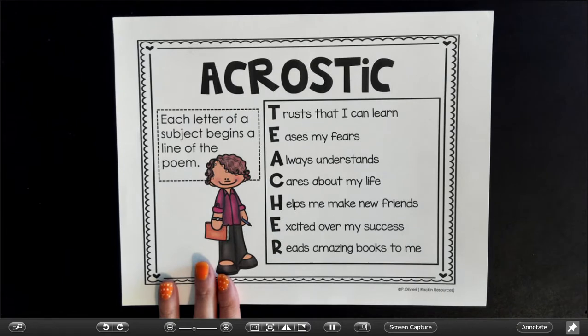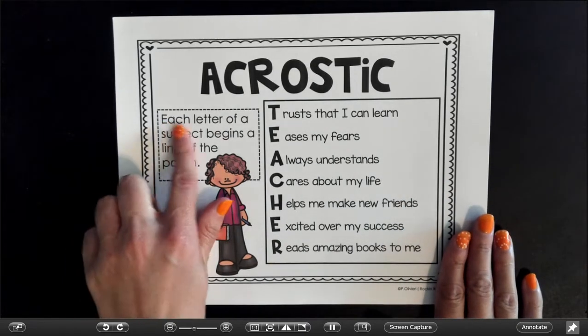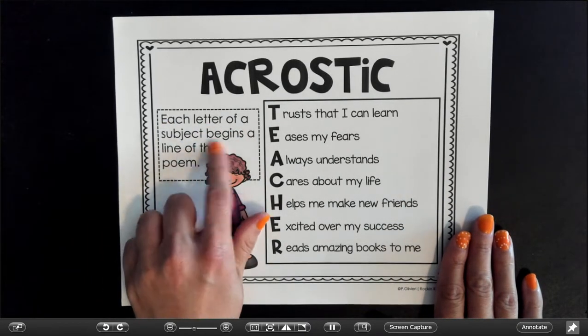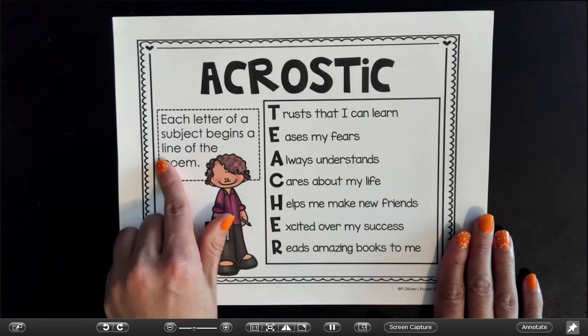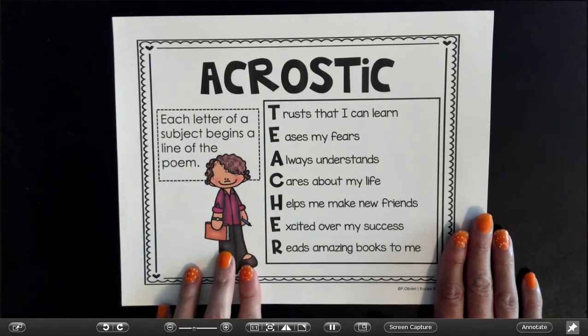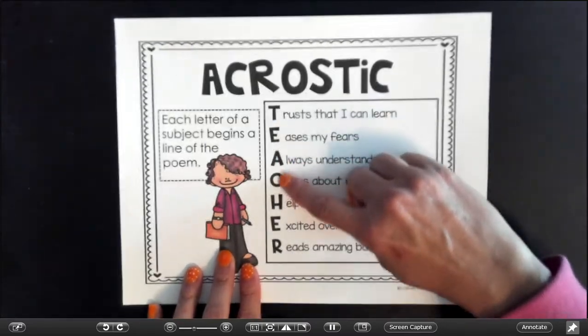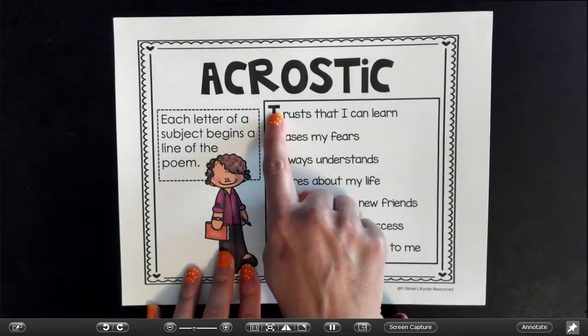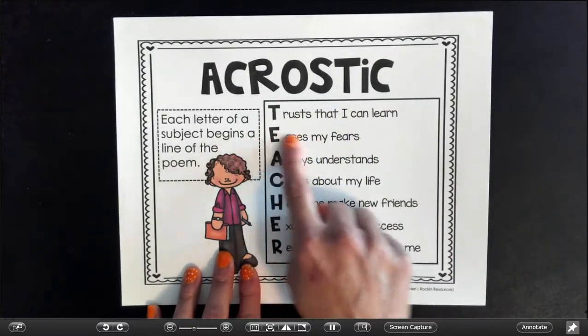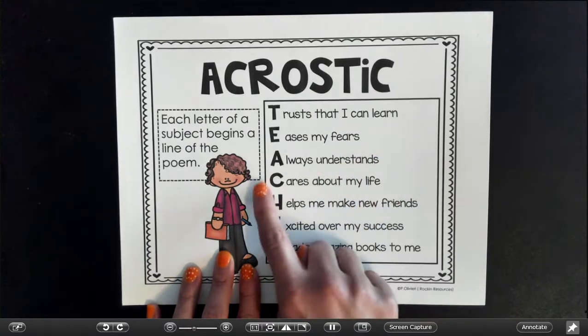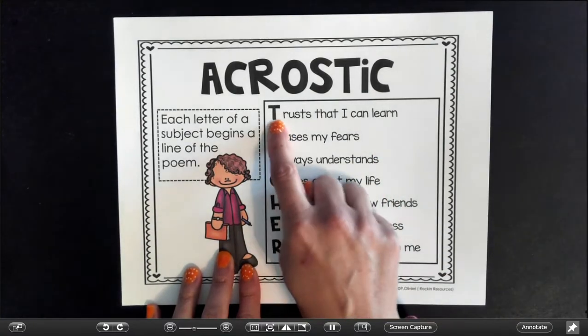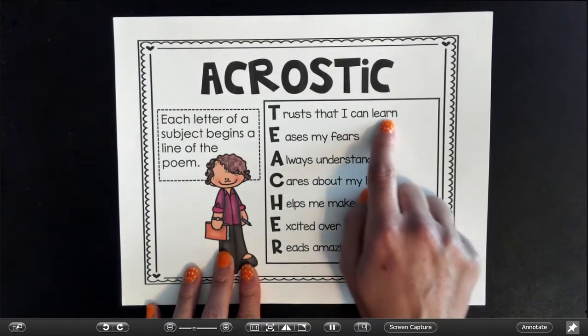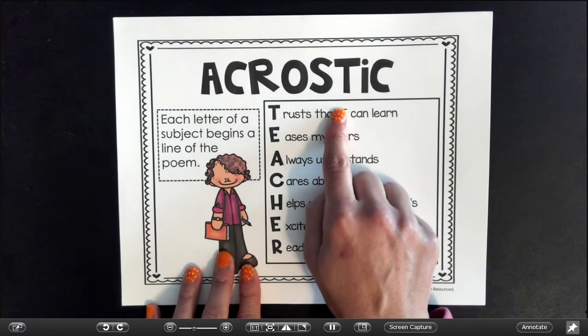Acrostic poem. Each letter of a subject begins a line of the poem. So the subject is teacher. And remember, each row is a line in a poem. So each line is going to say something that is talking about the subject.